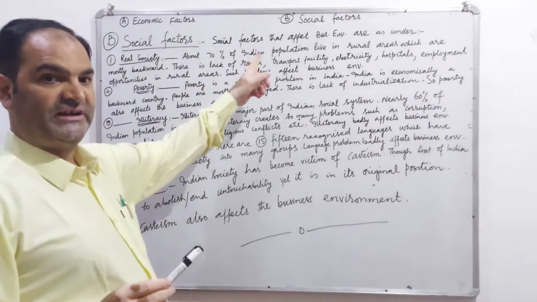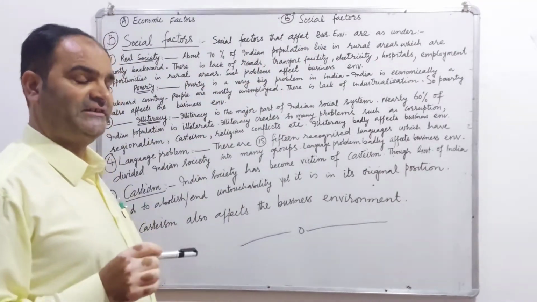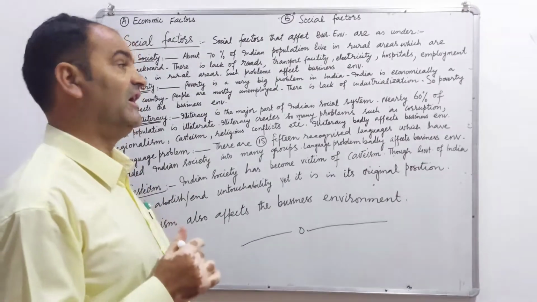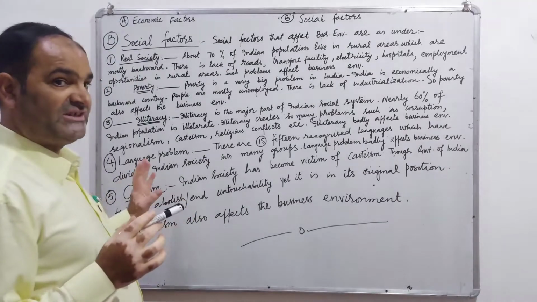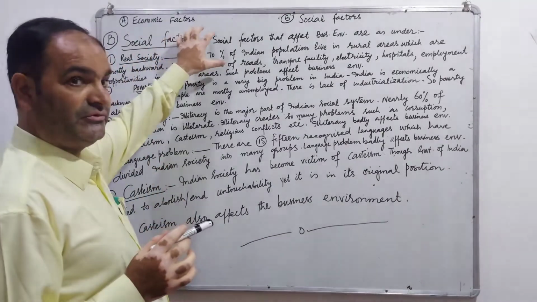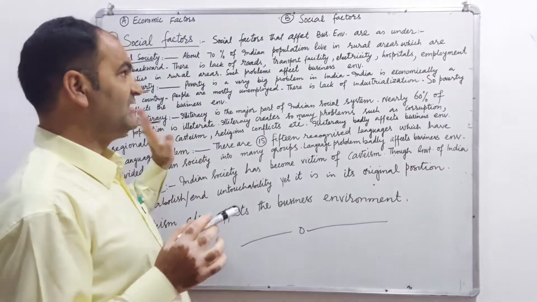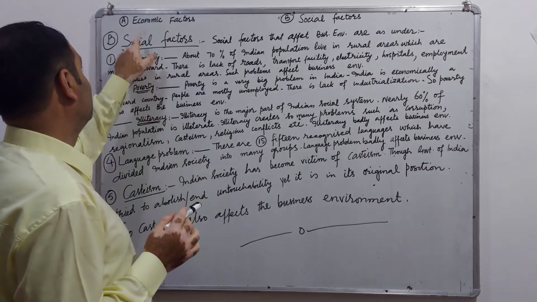Apart from these two, there are cultural factors, traditional factors, political factors, environmental factors, etc. But from the business point of view, we have to focus upon these two factors. These are the main factors, we can say.